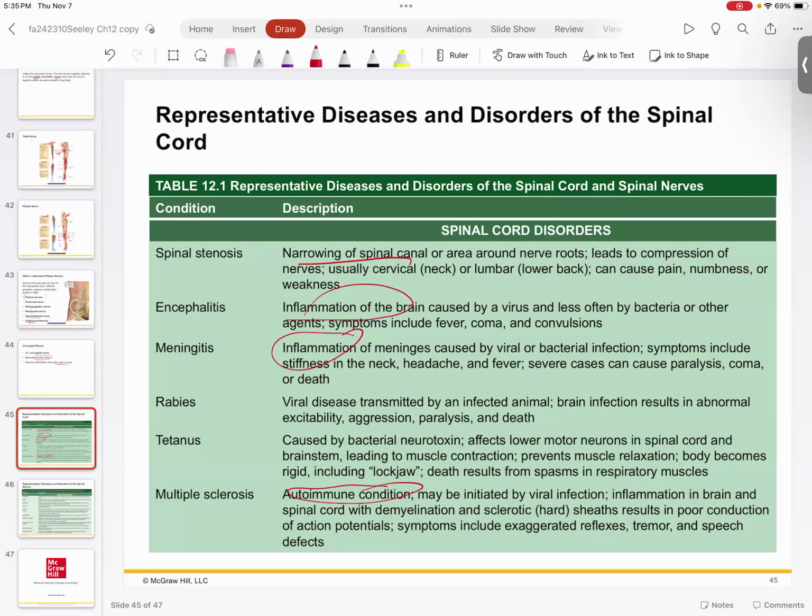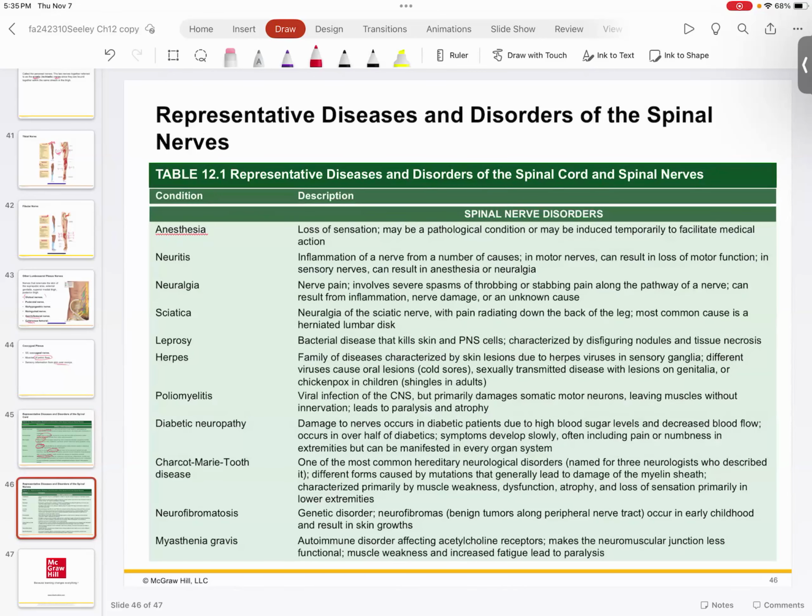Some things can be caused by neurotoxins like tetanus, for instance. And some are virally induced, like rabies, for instance. And these are the different types.